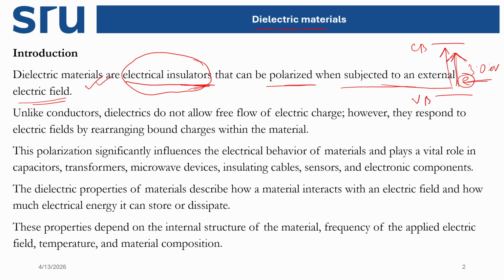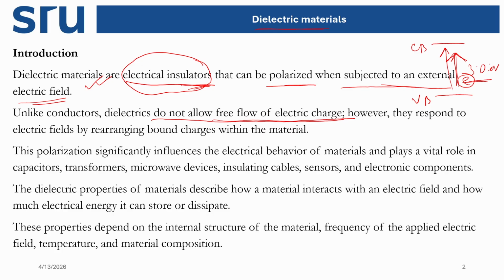This transition cannot take place easily as in a conductor or semiconductor. So the free flow of electrons or electric charge is not possible in these compounds.